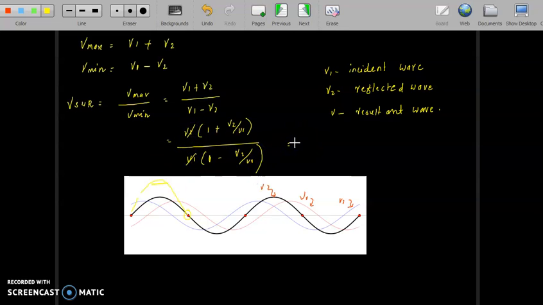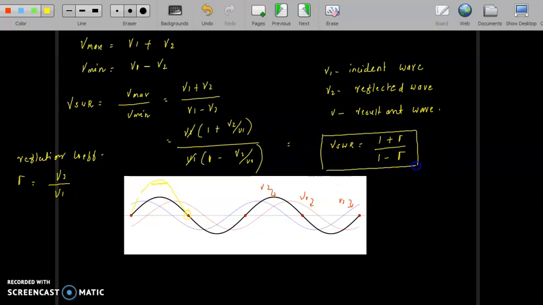So let us use V2 by V1 as the reflection coefficient. The reflection coefficient is the ratio of the reflected wave upon the incident wave. So VSWR becomes 1 plus reflection coefficient upon 1 minus the reflection coefficient. So this is the expression of voltage standing wave ratio.